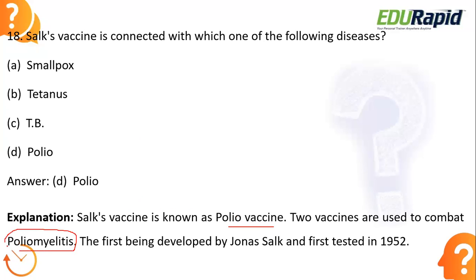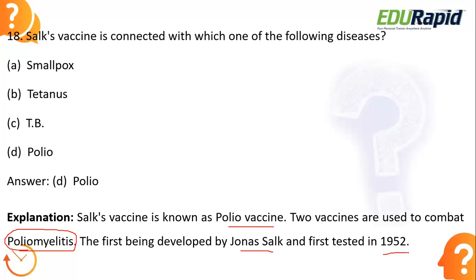To combat poliomyelitis, two vaccines were separately developed. The first was developed by Jonas Salk. It was first tested in the year 1952, and approved in the year 1955.